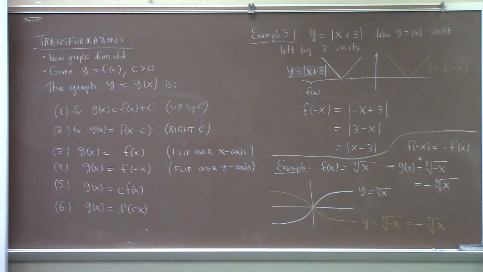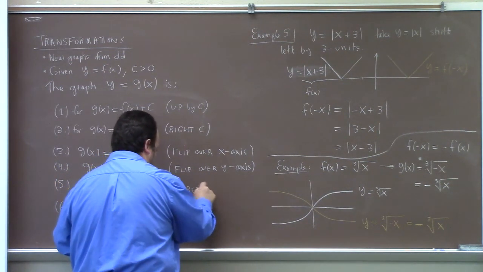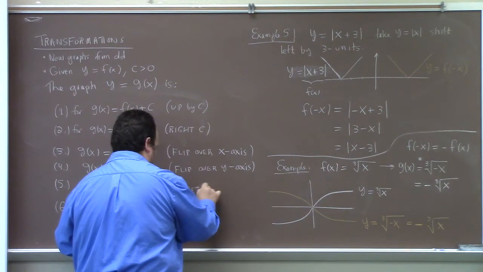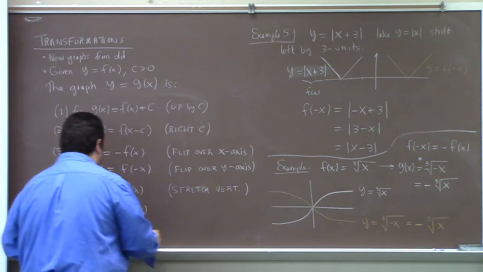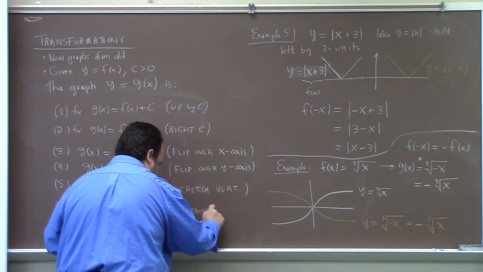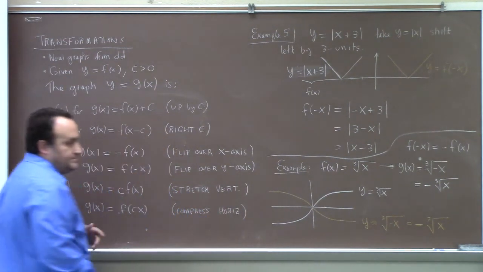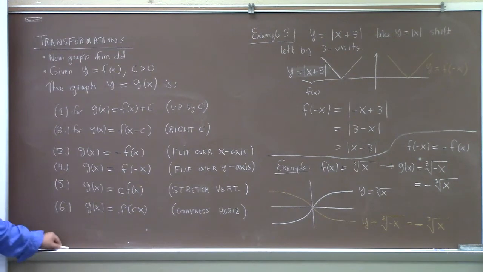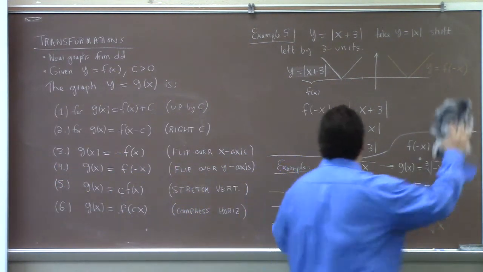For c positive, this stretches the graph out vertically, and this compresses horizontally. The stretch vertically is pretty easy to understand. Let me show you an example.